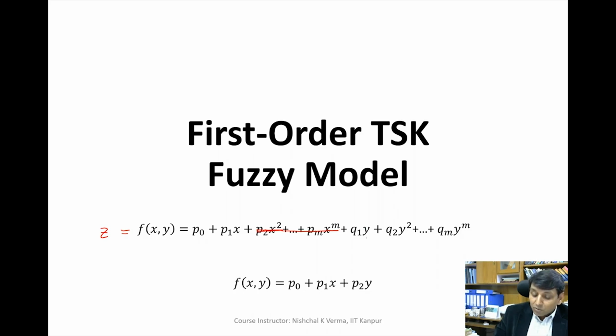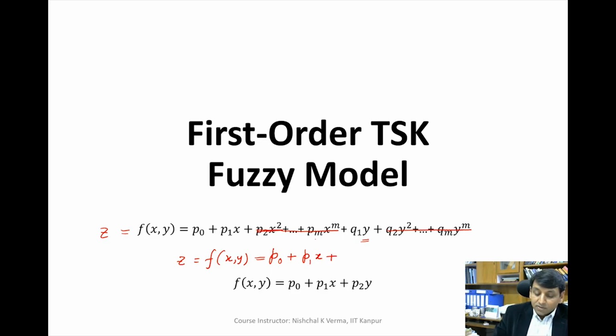Similarly, for y also, since this is a first order TSK fuzzy model, only y raised to power 1 will be there. More than 1 cannot be there. So what is coming out here is f(x, y), which is the form of the output of each rule. Let's say for two input generic variables, we can have p0 plus p1 x, and then we write here q1 y.